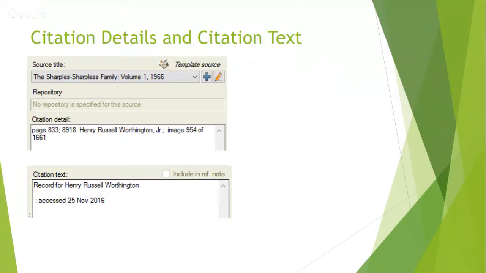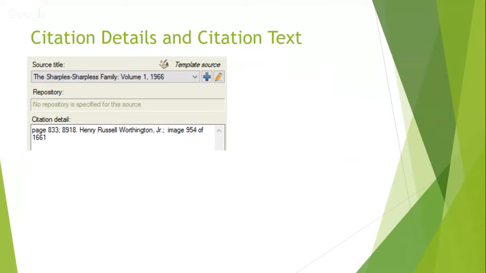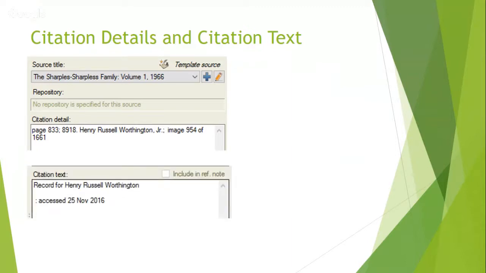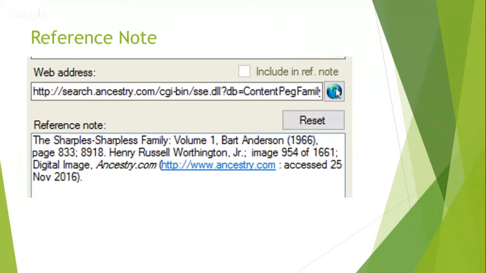The citation text field I traditionally use for my own purposes. There's a place to include that citation text in the reference note if you want. I do not have it checked, so it should not be included in the citation at all. And then further down the screen, I have the web address. Again, I have the choice to include it in the citation reference note or not.